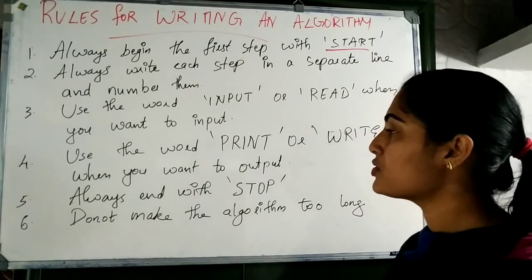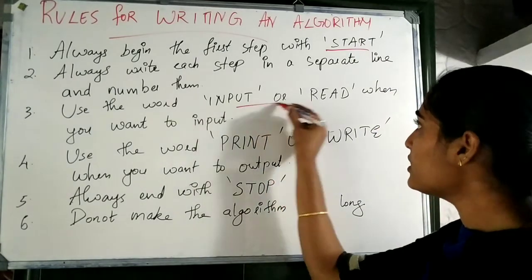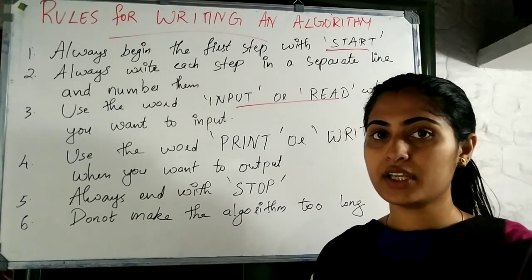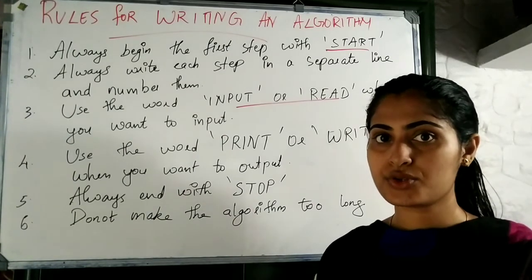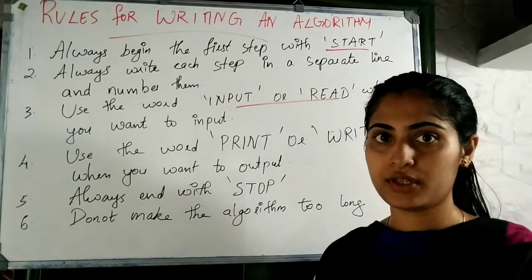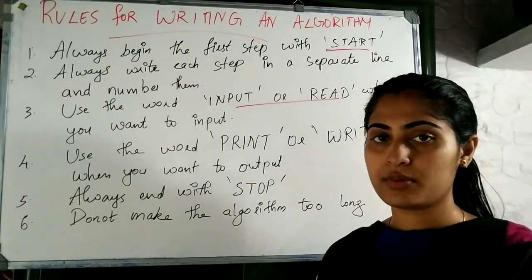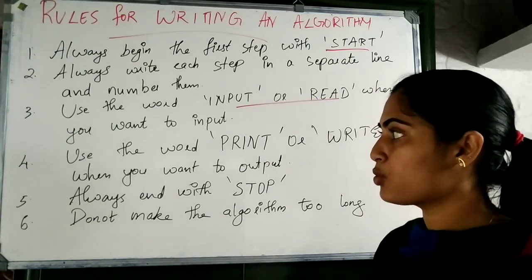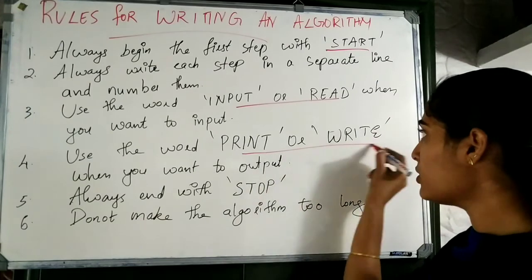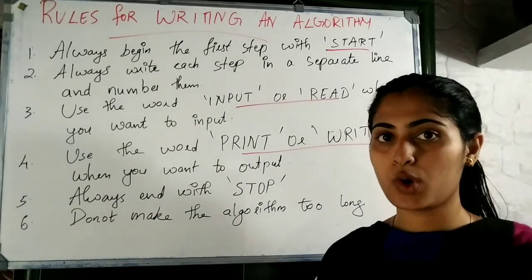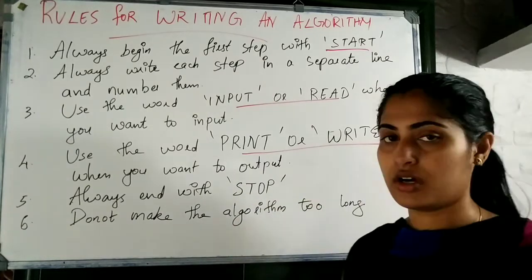And third one is use the word input or read when you want to input. Whenever you are inputting something into the algorithm, you should use the words input or read. That is, input A, input the variable B, input the variable C. And fourth one is use the word print or write when you want to output. For outputting, you should use the words print or write.